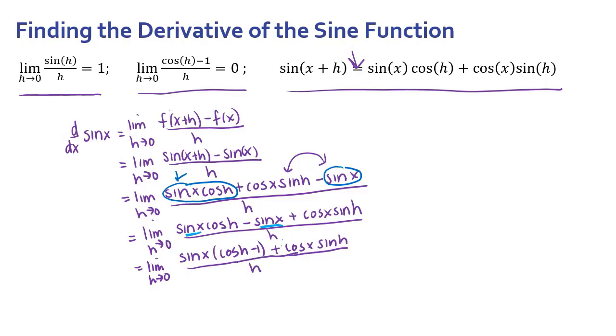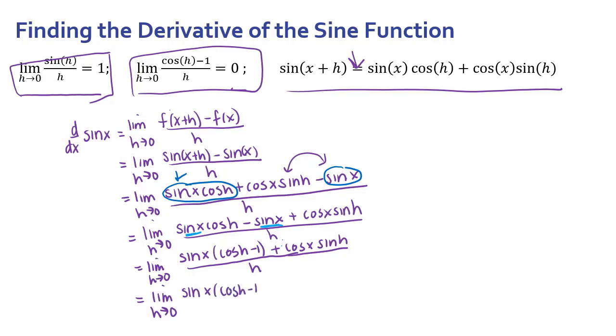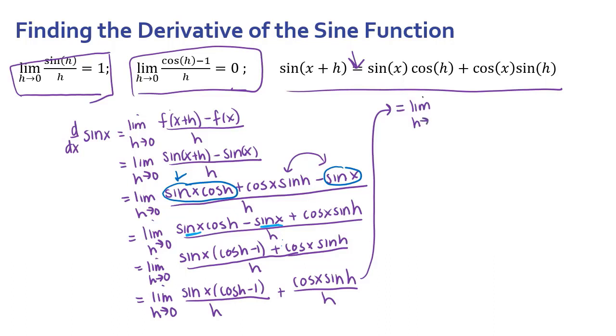Now you could be wondering, why am I doing this? Well, that's where the limits that we already came up with in the last chapter are going to come into play. I can rewrite this as two limits: the limit as h approaches 0 of the sine of x times the cosine of h minus 1 all over h, plus the cosine of x times the sine of h all over h.